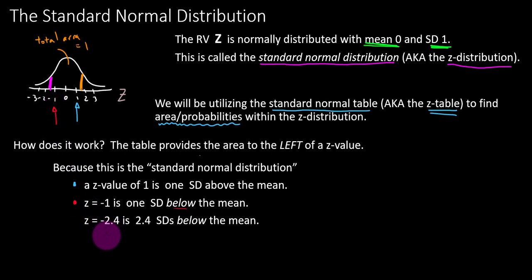Negative 2.4 would be 2.4 standard deviations below the mean. So that negative sign does have significance, and that would be right around there. Now for these first two bullets, we could find probabilities related to one standard deviation above and below the mean with the empirical rule properties, but we're going to instead use the table today to find probabilities.